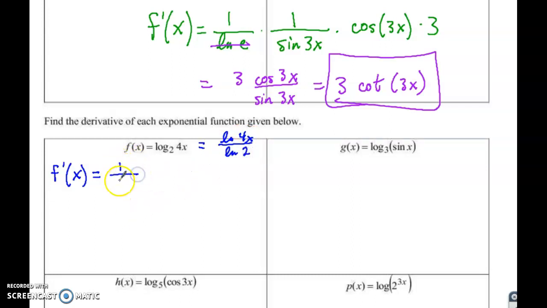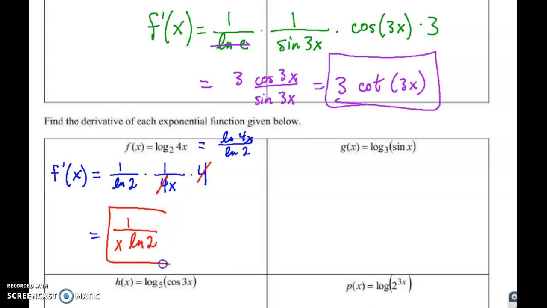But what I'm looking at is 1 over natural log of 2, because that's a constant, times 1 over 4x times 4. And from there, what you should recognize is the 4's will cancel out. They do expect you to know this, and you would probably rewrite it as 1 over x natural log of 2, just so there's no confusion that it's not natural log of 2x. That's why we write the variable in front on these ones.